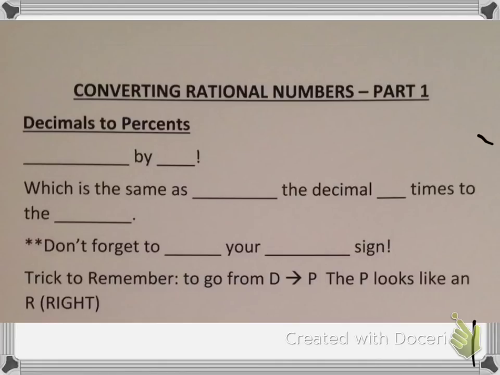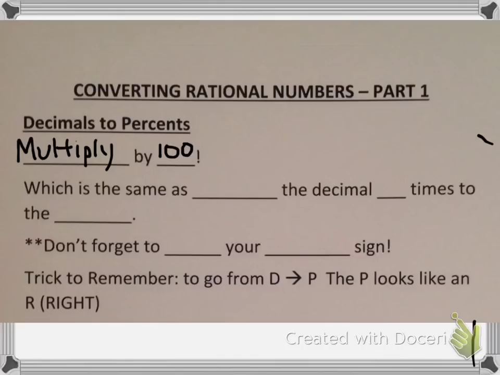So when we convert from a decimal to a percent, we are going to be multiplying by 100. So our numbers will be getting bigger.